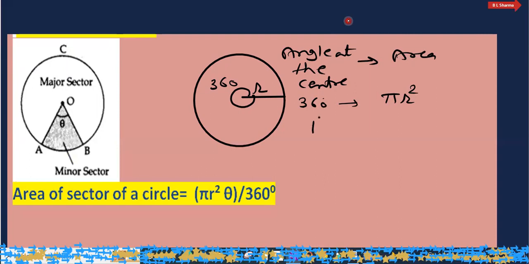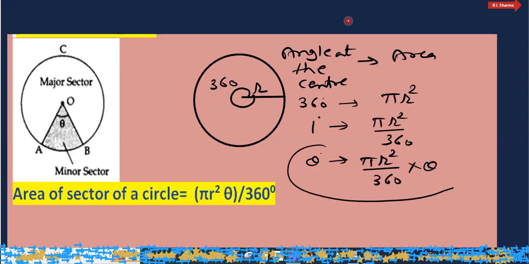By the unitary method, if it is 1 degree, then this will be pi r square upon 360 degree. But if the angle at the center is theta degree, then that will be given by pi r square upon 360 into theta.